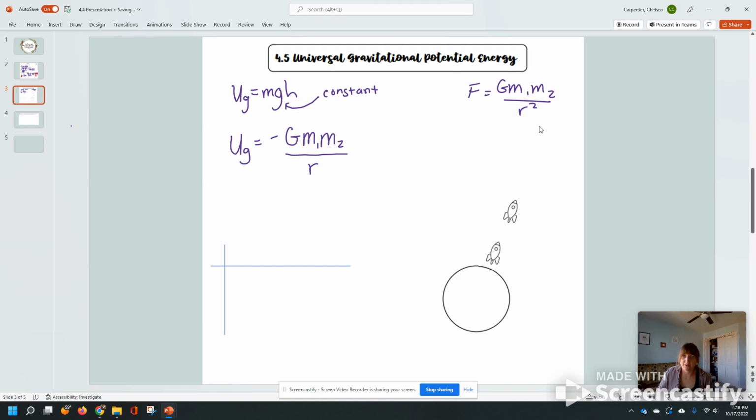We just got rid of the squared. It's just a single R right here, and it is negative. And make a note here, this is for astronomical situations.